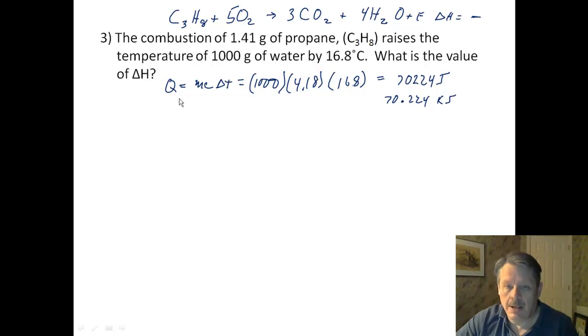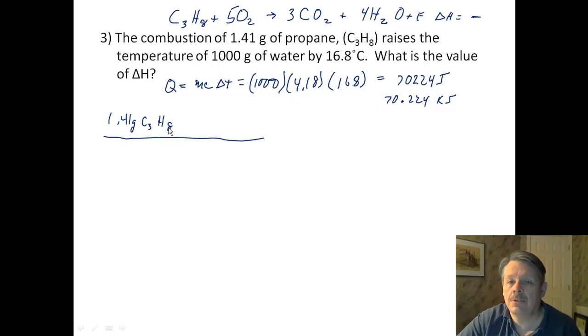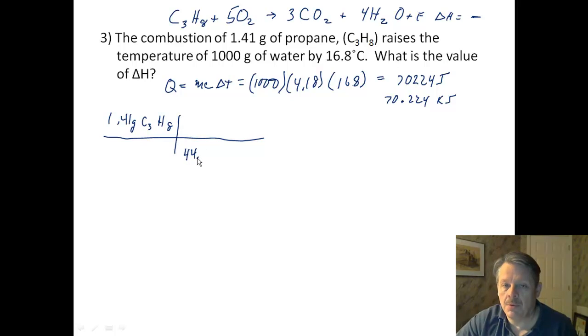All right, and I have to figure out how much. Let's see, I've got 1.41 grams of C3H8. So I have to figure out how much C3H8 weighs. Let's see, carbon weighs 12, and there are 3 of them. Hydrogen weighs 1, and there are 8 of them. So that's 44.096 grams per 1 mole of C3H8.